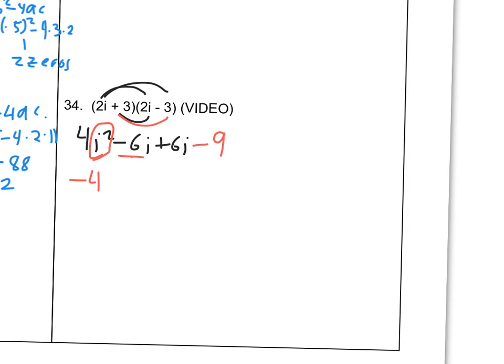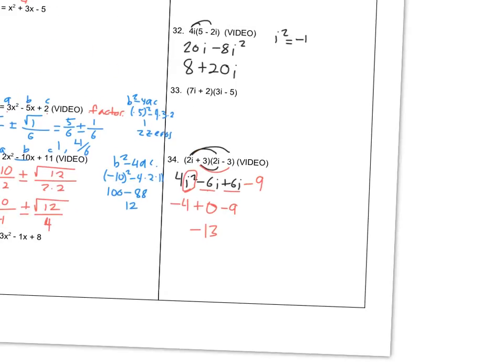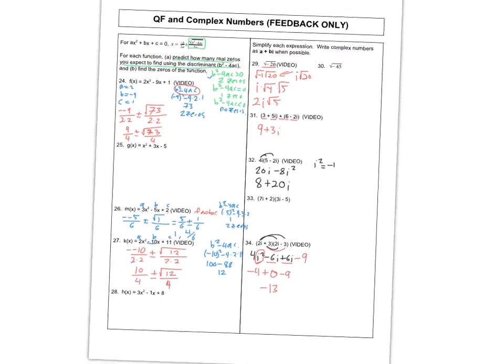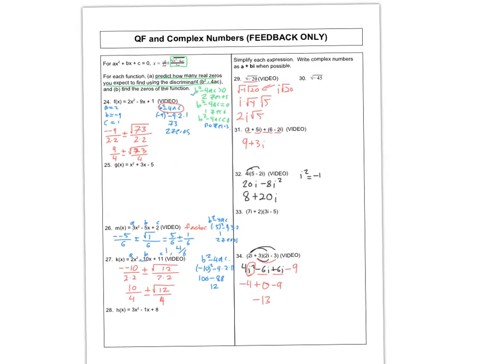Negative 6 plus 6, hey, that cancels out. I'm just going to write plus 0 and then minus 9. In an interesting turn of events, we get no i's in this problem and just negative 13. That happens sometimes, and that's due to these being the same term, but with a plus and a minus between them, which is kind of a special thing that we'll talk about more later.